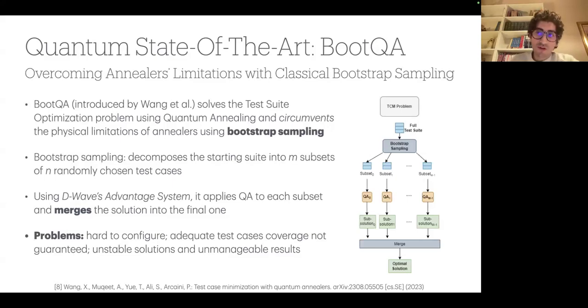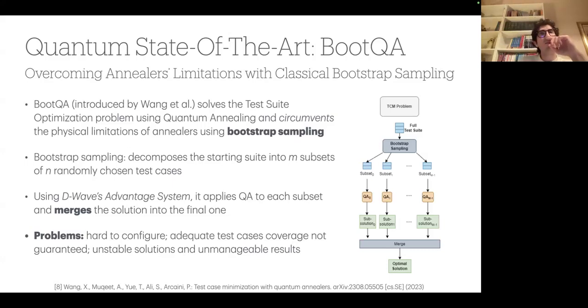Regarding the state of the art of quantum annealing for the test suite optimization problem, when we started our work, it was composed of only BootQA. BootQA was introduced by Wang et al. and it solved the test suite optimization problem and circumvents the limitations of quantum annealing using bootstrap sampling.